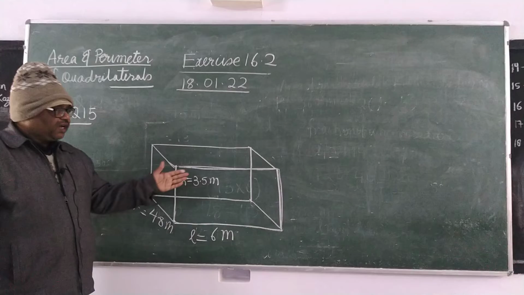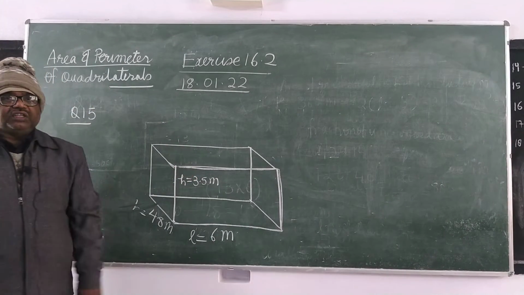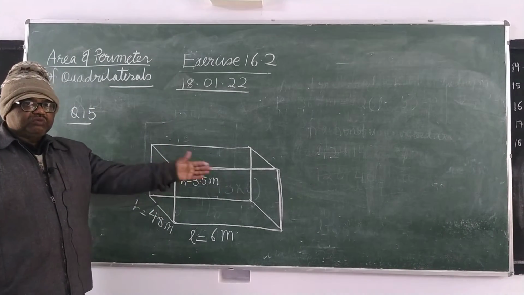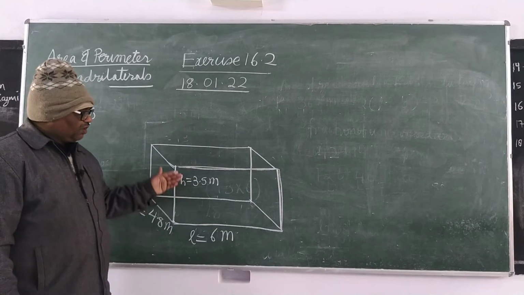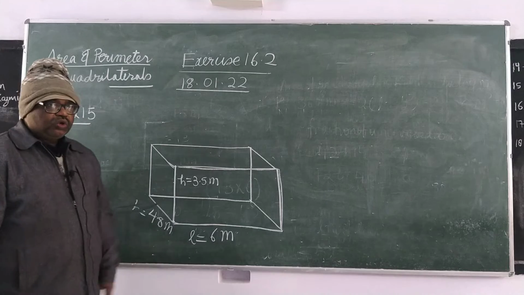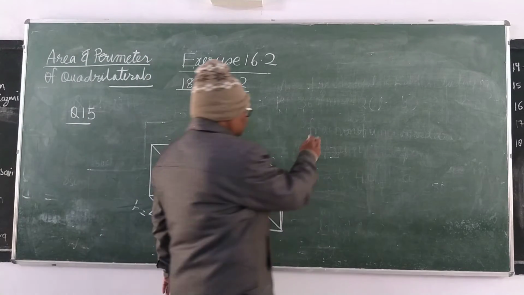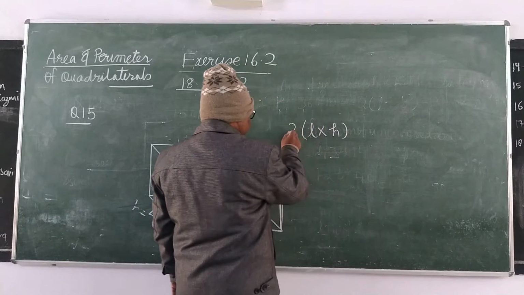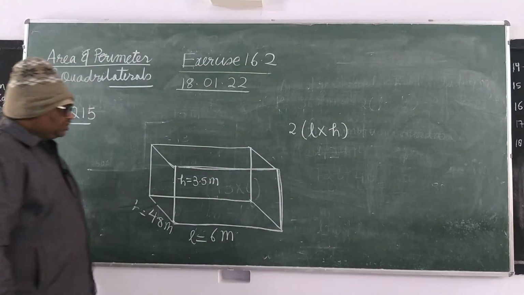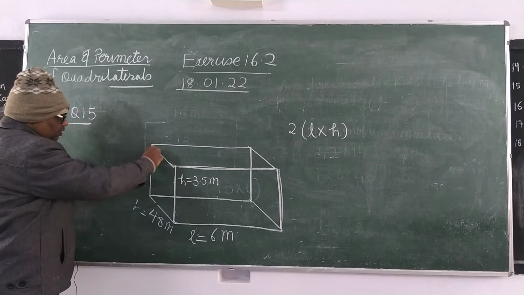Then there will be another wall opposite to this. Its area will also be L into h. So L into h, how many times? 2 times.